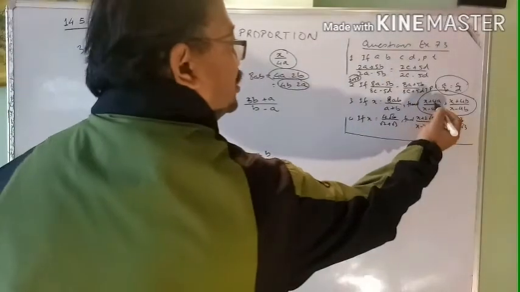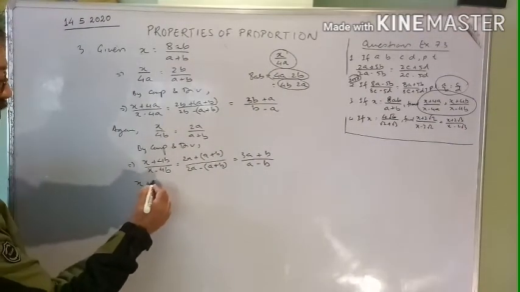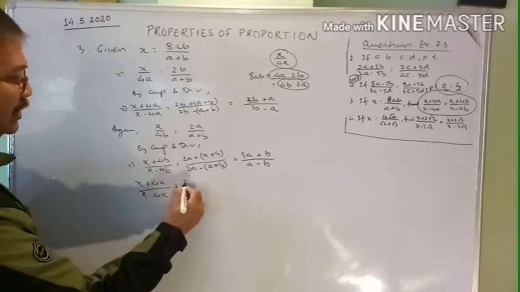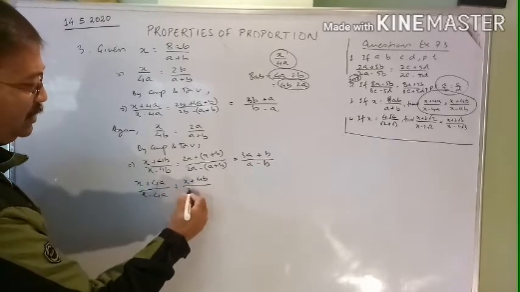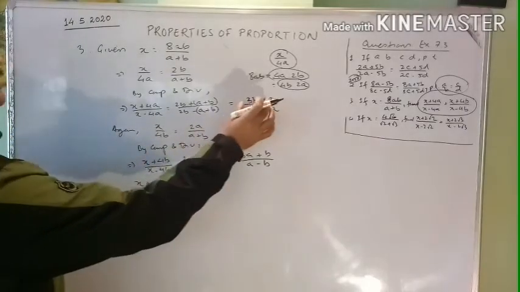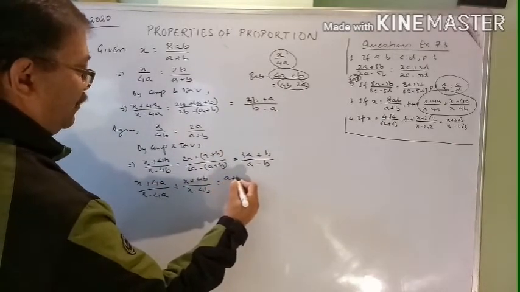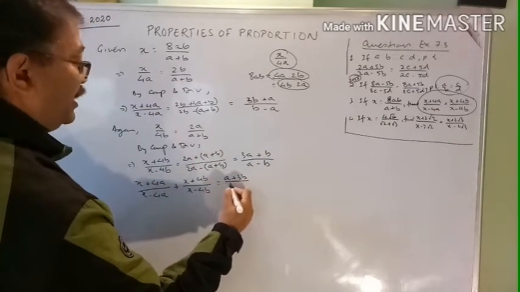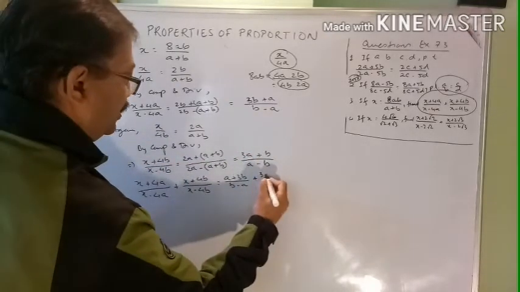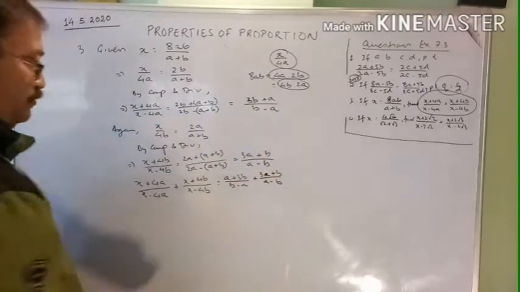Now we have to find the sum of these two. So you write, therefore, x plus 4a by x minus 4a plus x plus 4b upon x minus 4b is equal to, now you know the value of this: we have got 3b plus a here, or you can write a plus 3b by b minus a, plus the value of this one we got here, 3a plus b upon a minus b.